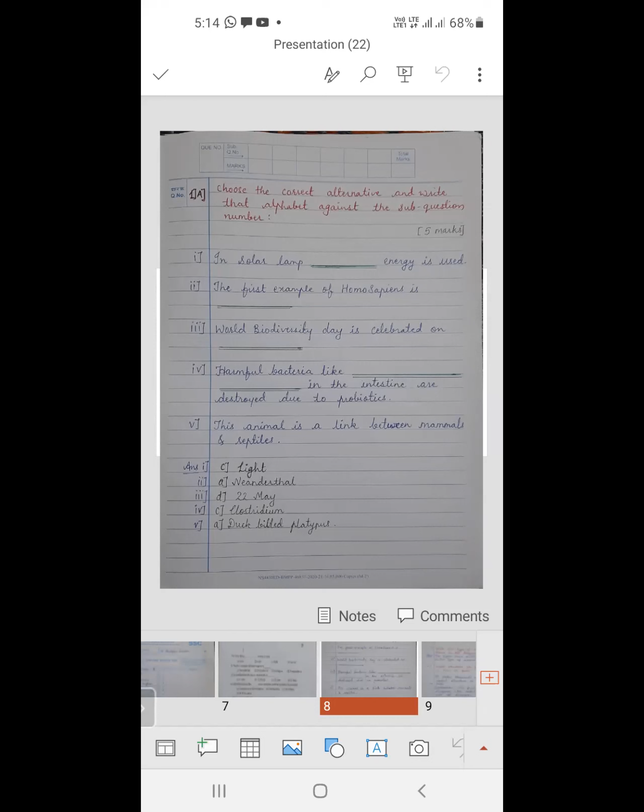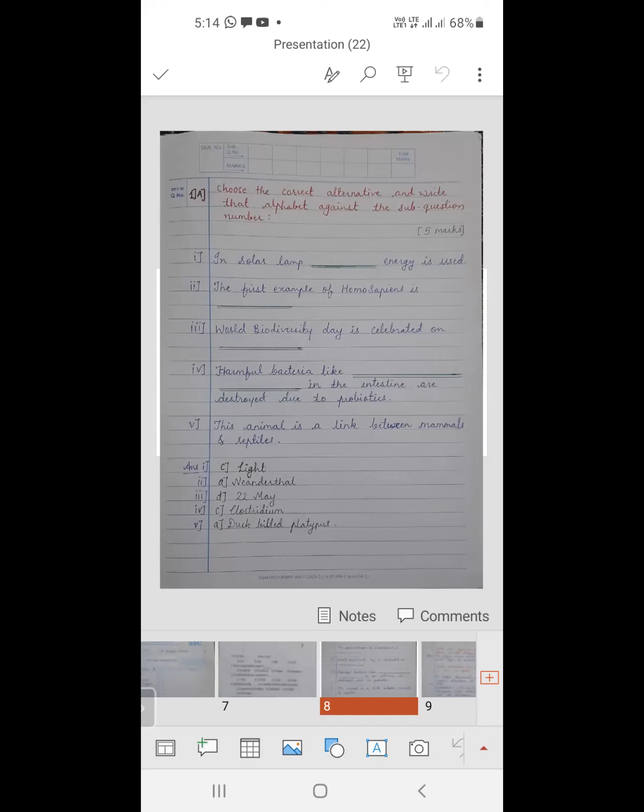The correct option here is Clostridium. The probiotics contain good bacteria, and they destroy the harmful bacteria, that is Clostridium.